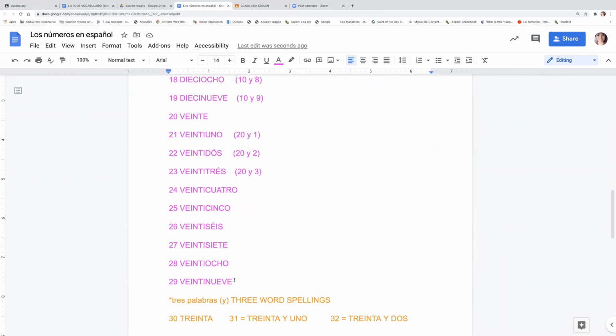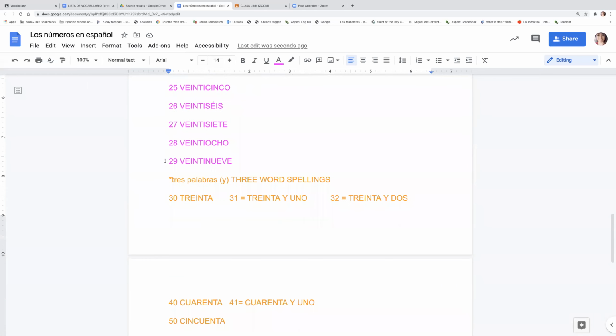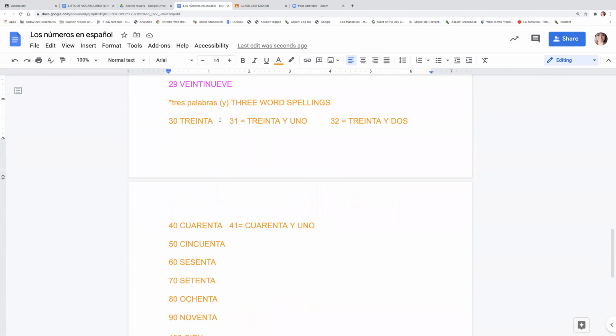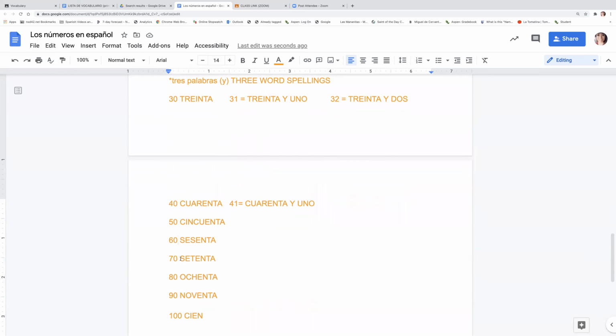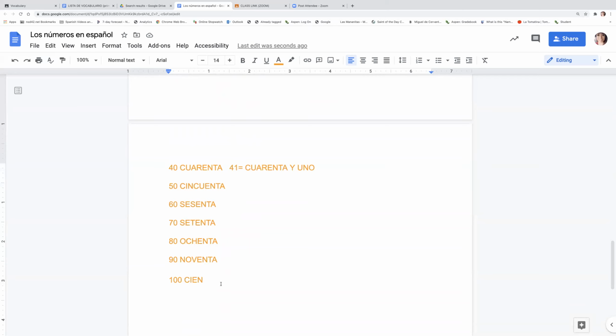And then after that, the numbers, ironically, they get bigger, but they get easier. Son más fáciles para aprender. Mira, look, you just need the prefix and you follow the pattern. 30, 40, 50, 60, 70, 80, 90, and then 100 is cien.